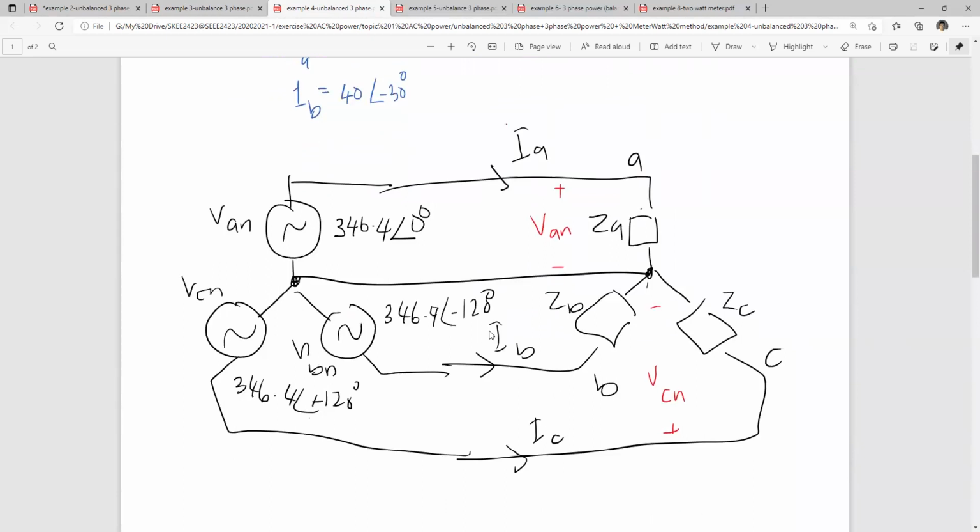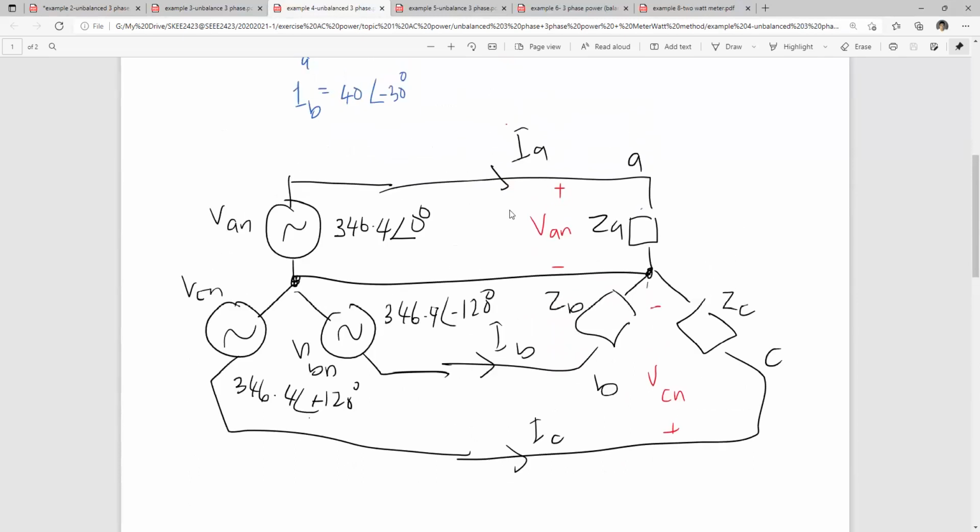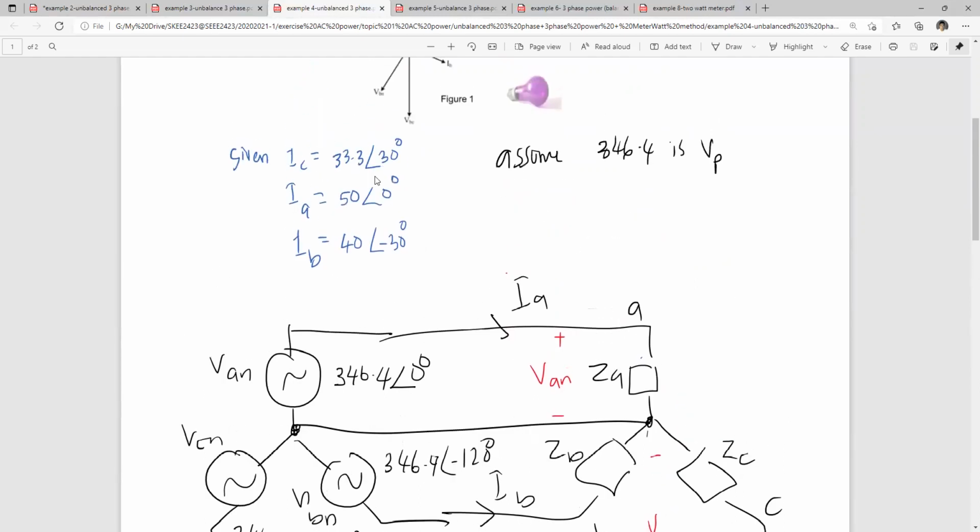This is the full diagram of the system that represents this question. As you can see, we have VAN here, and then the current IA, VBN, and also VCN. Right now we have all the information here.